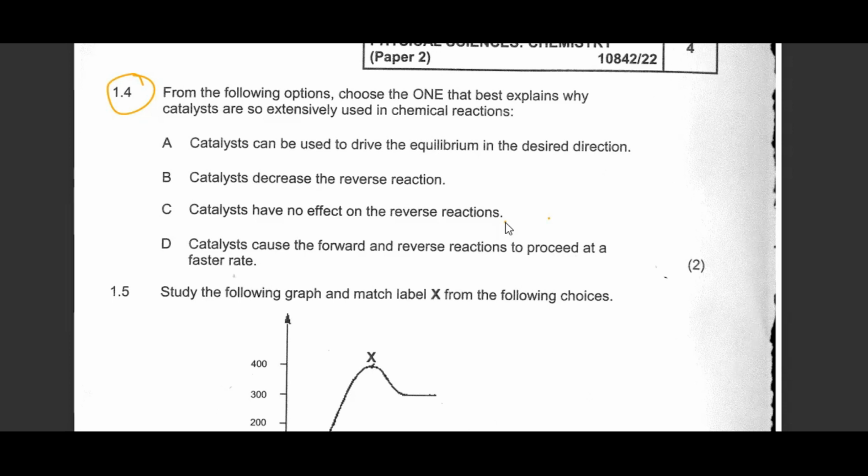If you look at this answer, you'll find that catalyst can be used to derive equilibrium in the desirable direction. Not only does catalyst decrease the reverse reaction. Not only does catalyst have no effect on the reverse reaction. That's wrong. Catalyst causes the forward and the reverse reaction to proceed at a faster rate.